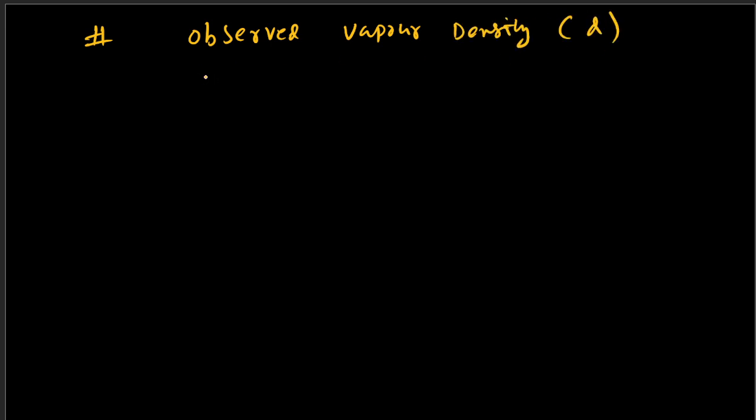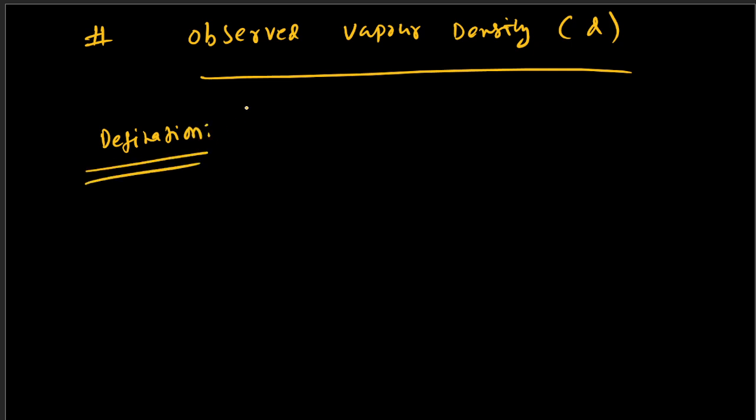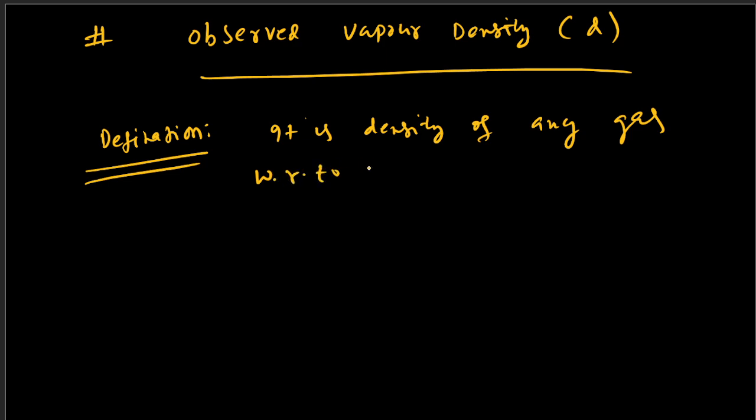This is represented as D. So the definition: observed vapor density is the density of any gas with respect to hydrogen gas.